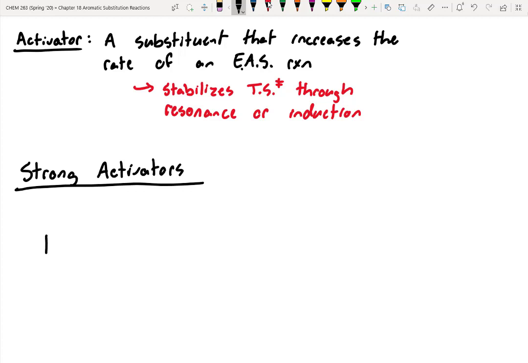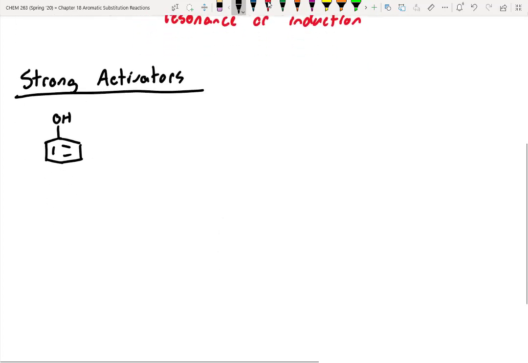And experimentally, we know that things like phenols are strong activators. So what I mean by a substituent here is this alcohol group is acting as a strong activator. Or we could say that aniline is a strong activator.